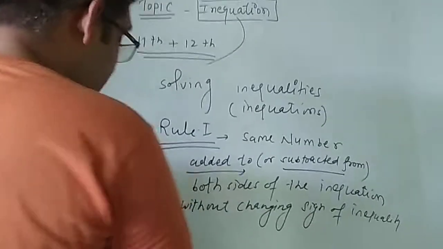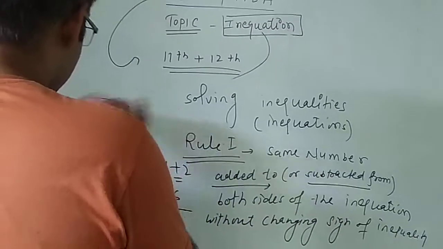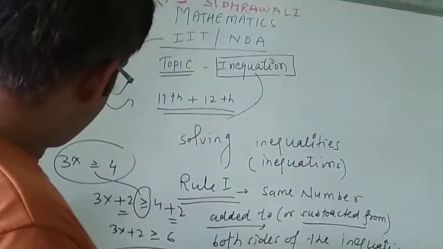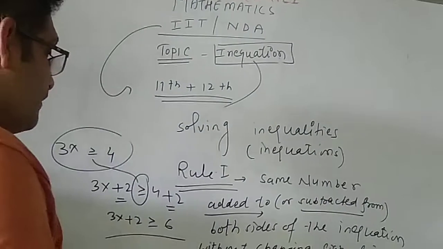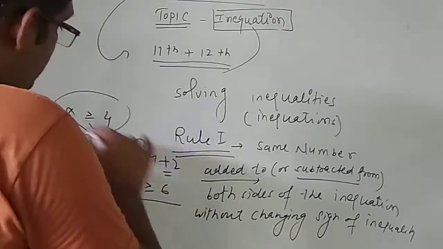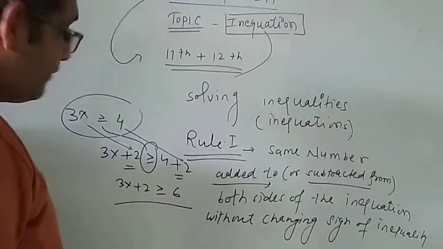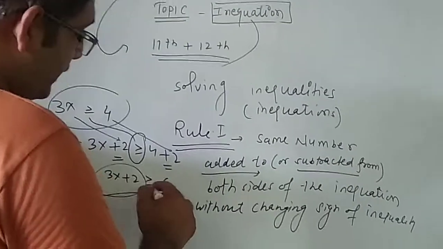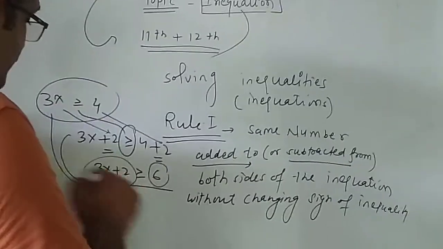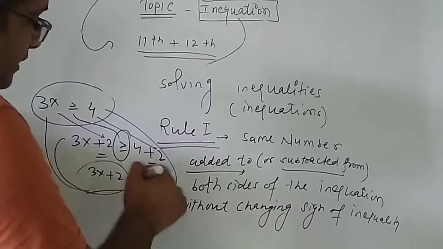As you see in this example, this is the inequation 3x greater than or equal to 4. When we add 2 to both sides, it becomes 3x plus 2 greater than or equal to 6. The value changes, but the inequality sign does not change.